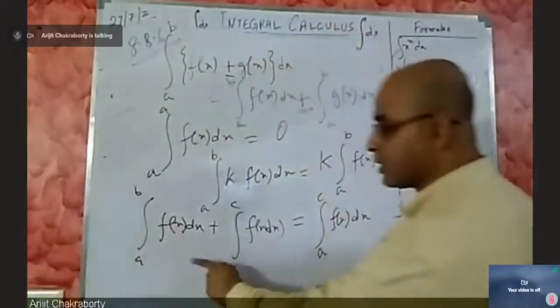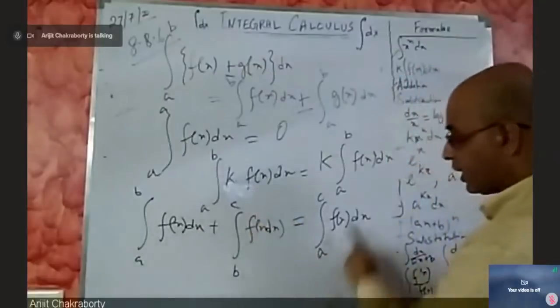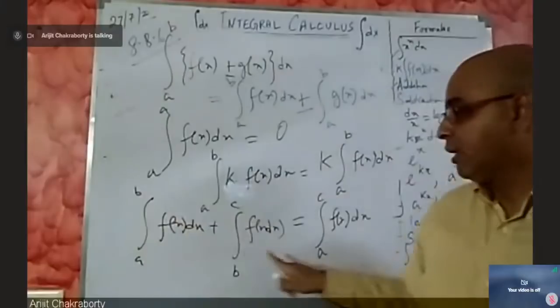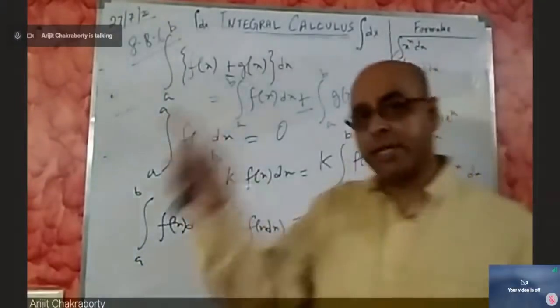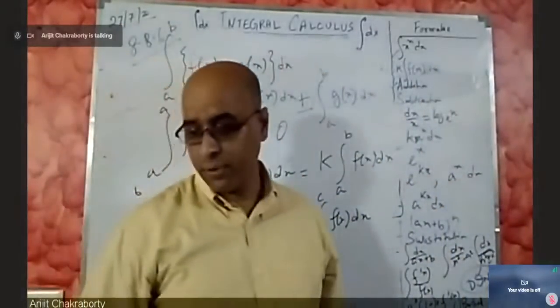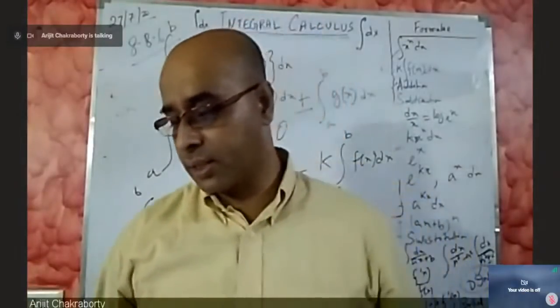So this is a case of transitive. AB, BC, and therefore AC is transitive. So f(x) dx from a to b plus f(x) dx from b to c will give you the complete area a to c, transitive nature. So this is what we have so far as the properties of definite integrals are concerned.